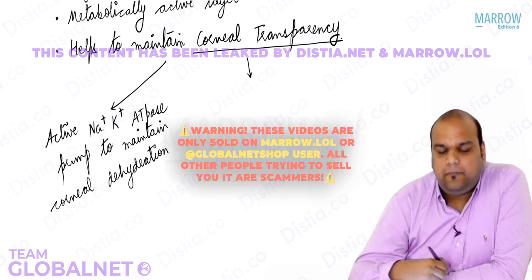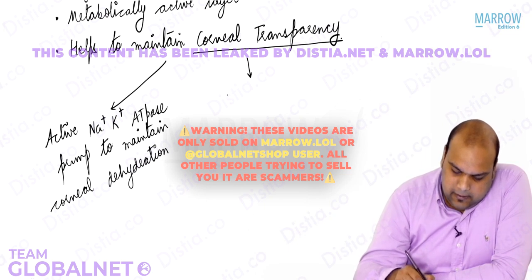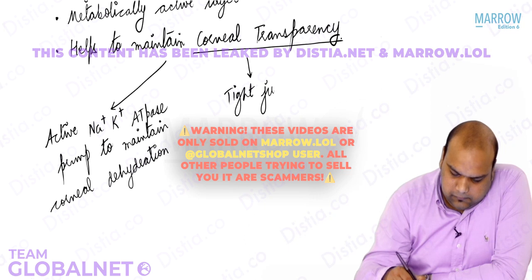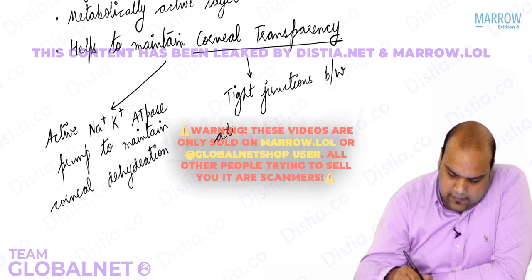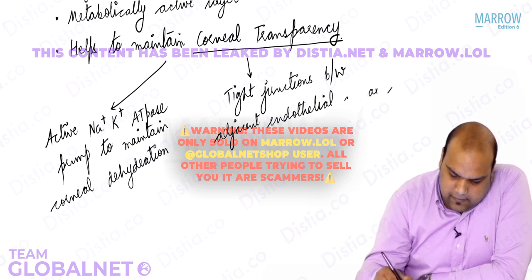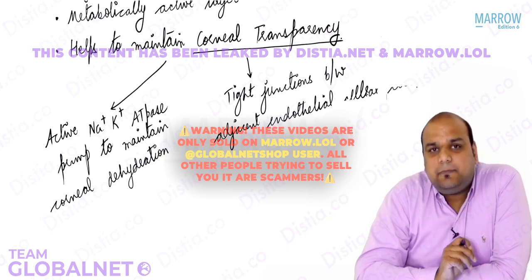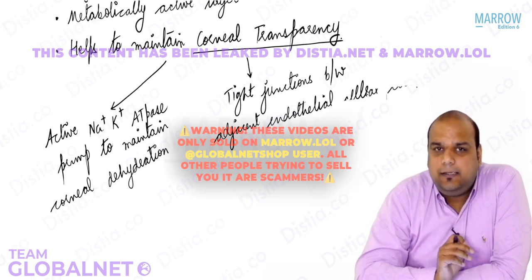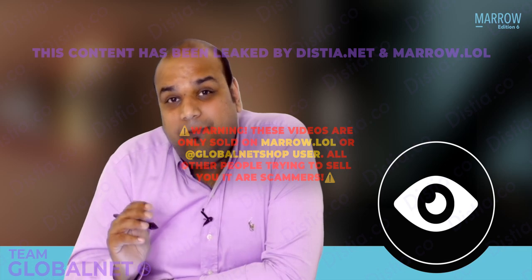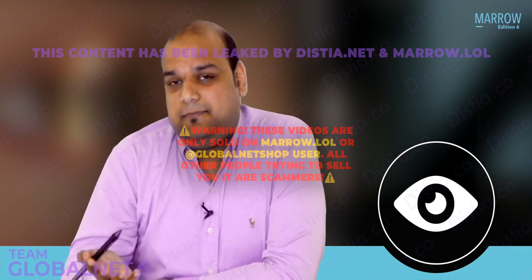Secondly, by tight junctions between adjacent endothelial cells. Tight junctions between adjacent endothelial cells. So I hope we understand the concept of tight junctions. Yes?